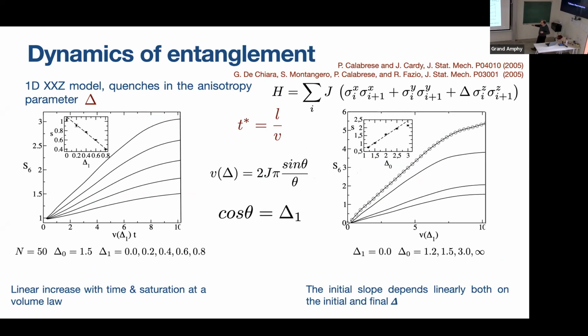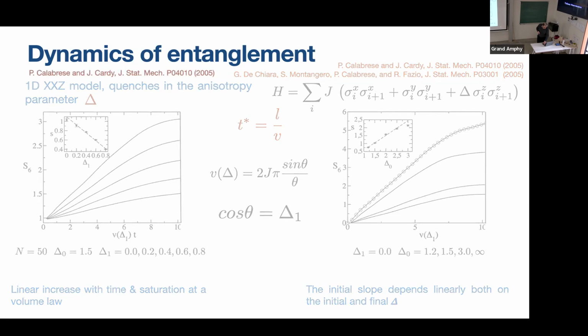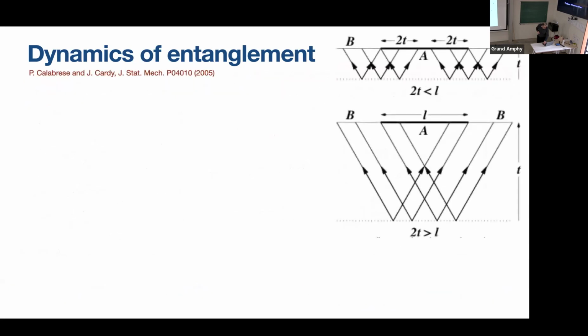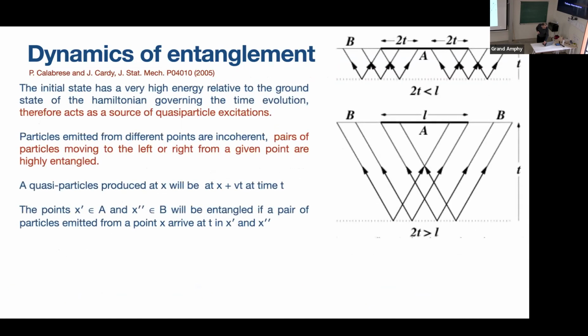These are not exceptional simulations, but I just took them for the presentation. So again, it starts linear and then saturates to a volume law. And depending on, for instance in this case, the ZZ anisotropy, the velocity of these quasi-particles changes, and so the growth of entanglement changes.